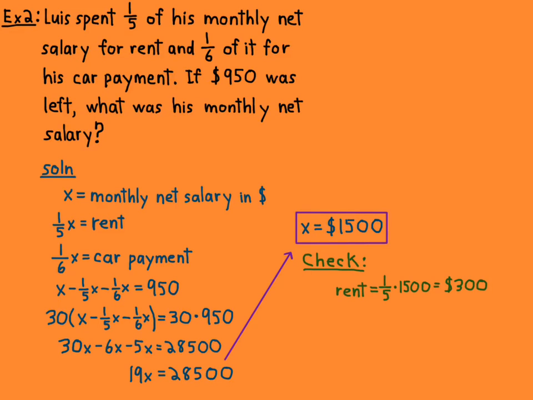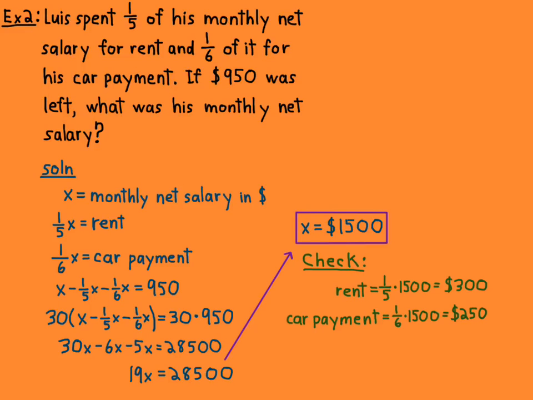Right? That's what I did. And then it says he spent 1/6 of his net salary on his car payment. So 1/6 of this is the car payment. Just write out car payment: 1/6 of that, which comes out to $250.